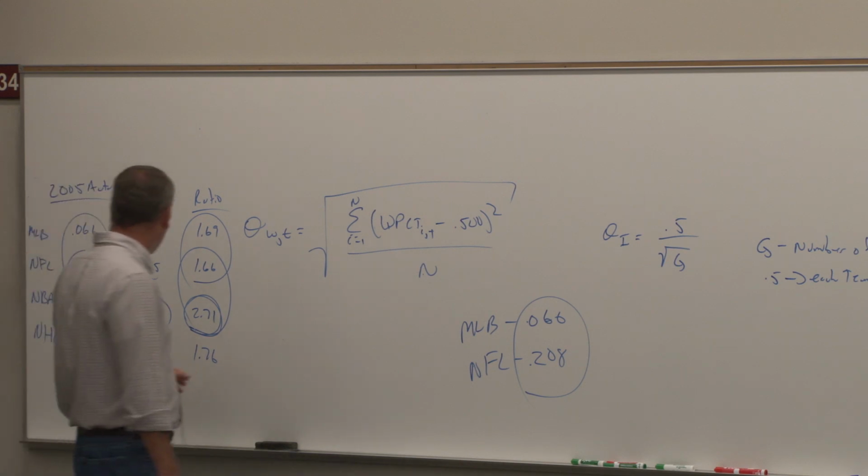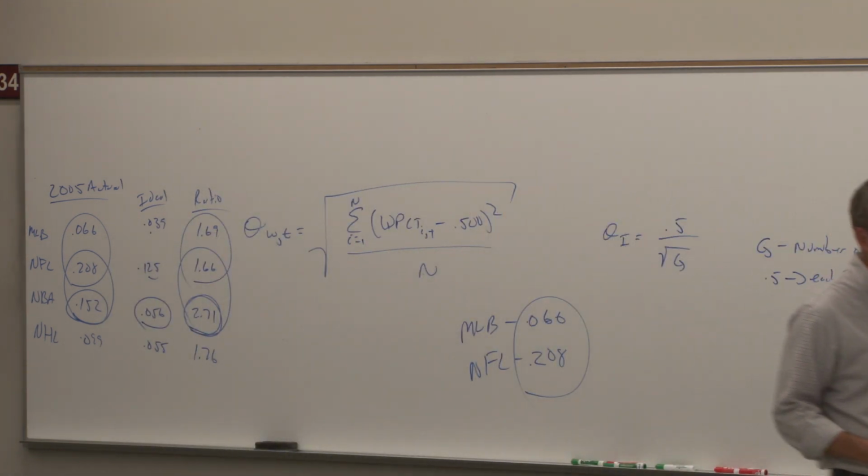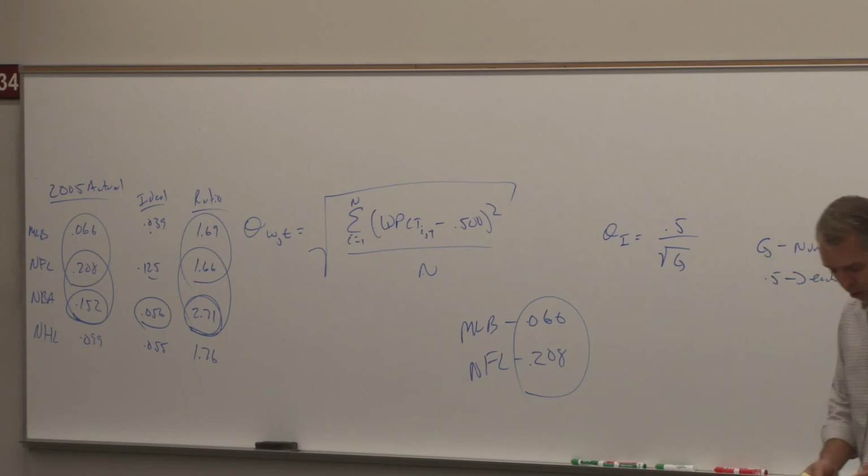So a star in the NBA can make a much larger impact than a star in the NFL. That's basically what I'm trying to say. There's just more opportunities for them to screw up or to do exceedingly well.